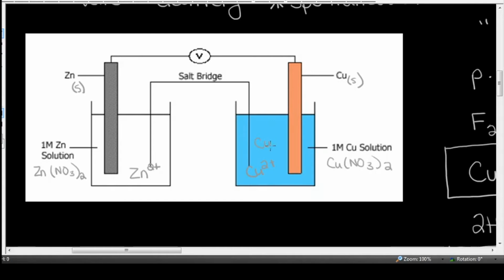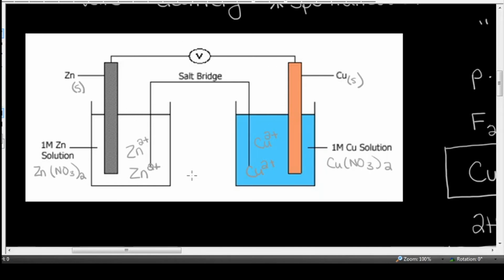So copper 2 plus, a whole bunch of it, and again, that's 1 molar concentration as well. This salt bridge here, I'll explain a little bit later on. And up here, I have a voltmeter, so I can actually measure the voltage that gets created when I put these two things in series with one another or connected by a wire.